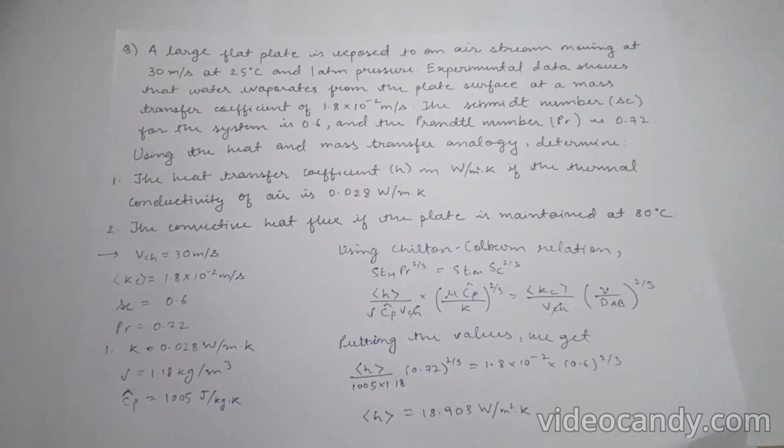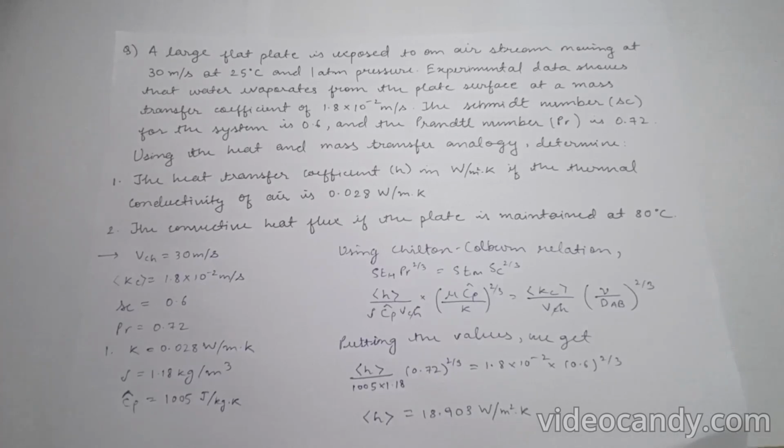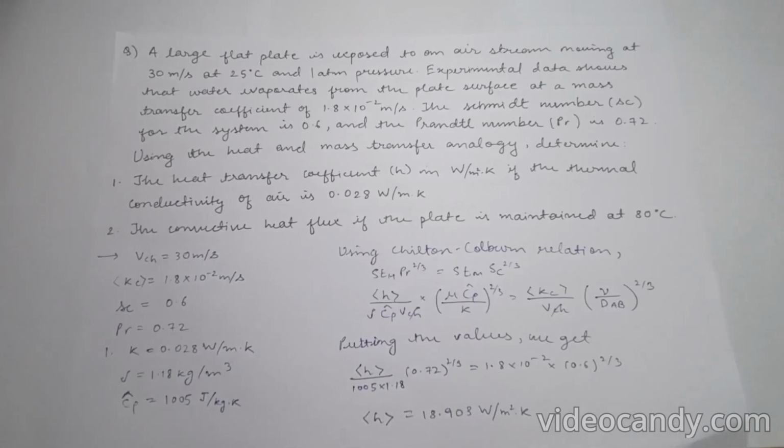So let's look at what values are given in the question already. The first, the characteristic velocity, which is 30 meters per second. We usually take the bulk velocity of the fluid as the characteristic velocity. So we have taken the characteristic velocity in our question as 30 meters per second.